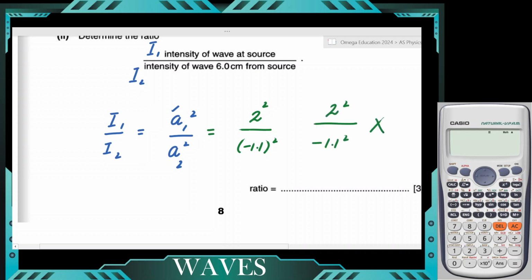That'll be incorrect, because you have to take square of the entire value, minus 1.1. This is the amplitude. So we hit it on the calculator. 4 divided by, negative sign would be cancelled out with square anyway, but let me just write it down. Minus 1.1 square, and you get 3.3. Yes, 3.30. Into SF you can write it as 3.3.